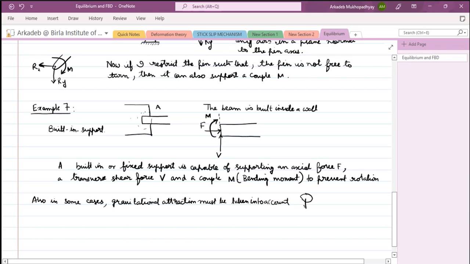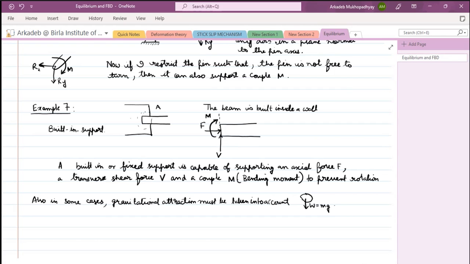Okay, W equal to mg, right? Spring forces, we are not going to discuss it right now. We will discuss it later.